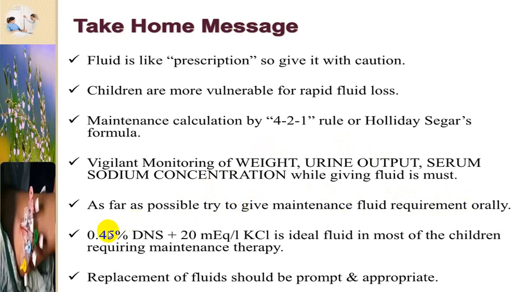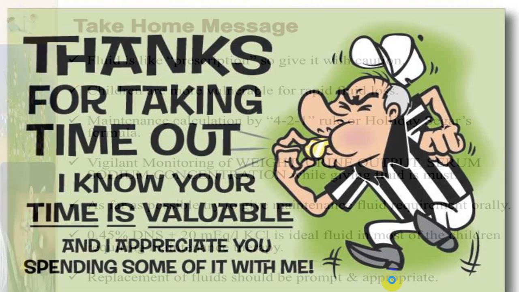Dextrose normal saline with half normal saline is the ideal fluid for most children for maintenance therapy, and dextrose normal saline or Ringer lactate is for adults. Replacement of fluid should be prompt and appropriate. All this should be remembered.